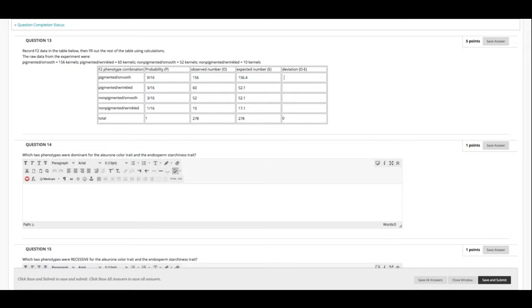Deviation. All right. So that would be observed minus expected.